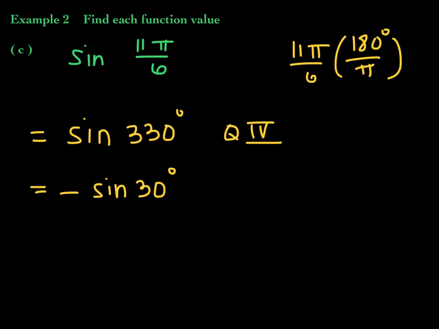And so our final answer will be, because we know quadrant 1 so well, sine of 30 degrees is 1/2, so the final answer is just negative 1/2. So this approach was using a reference angle and converting radian measure to degree measure, if you feel more comfortable with degree measure.